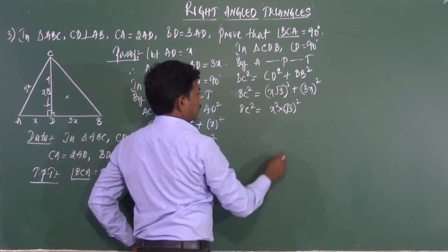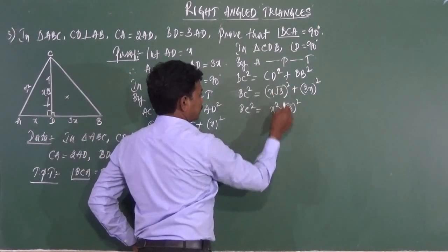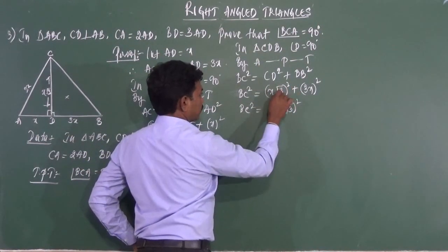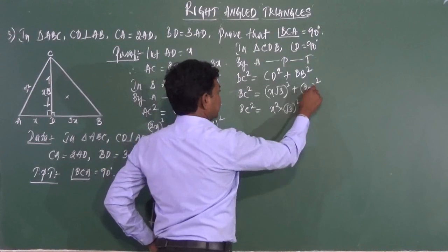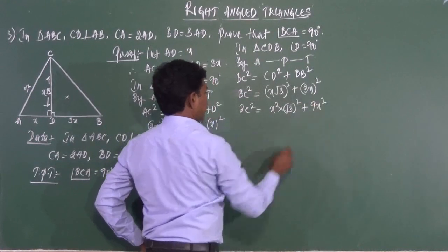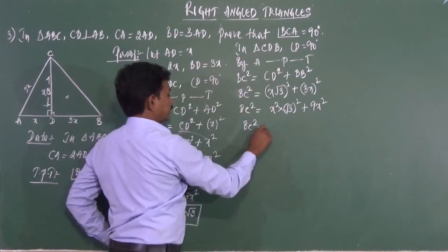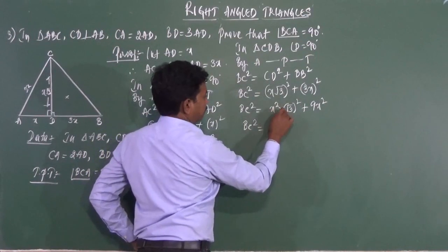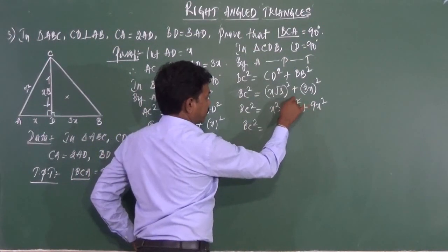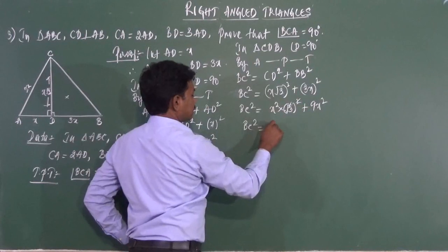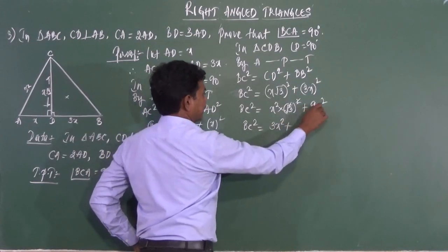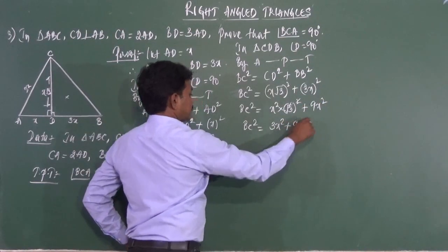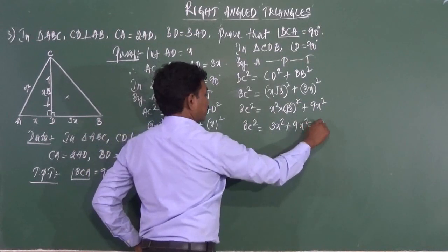Root 3 whole square is 3, so that is 3x square, and 3x whole square is 9x square. So BC square is 3x square plus 9x square, which becomes 12x square.